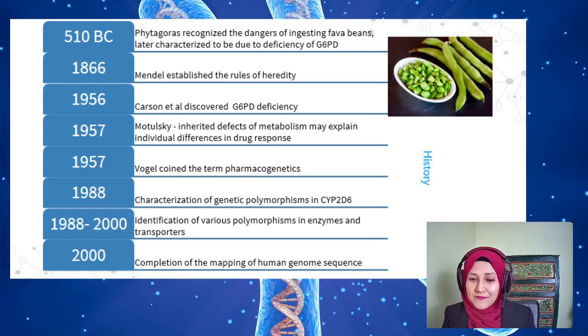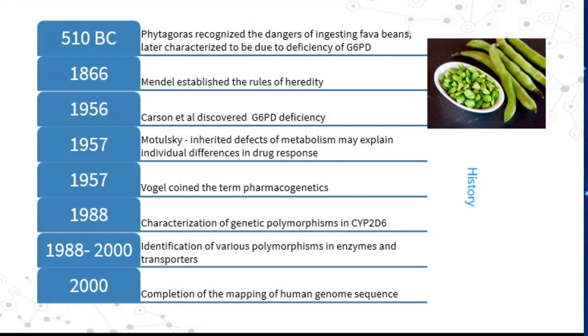So a little bit of history here, since the pharmacogenomics field is not new actually. As early as 510 BC, Pythagoras recognized the dangers of eating fava beans for some people, and it was later associated with G6PD deficiency. So it shows that some people might show a reaction that is not experienced by others.